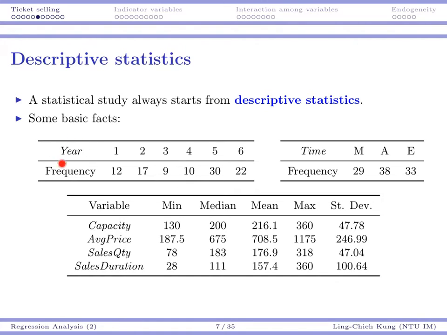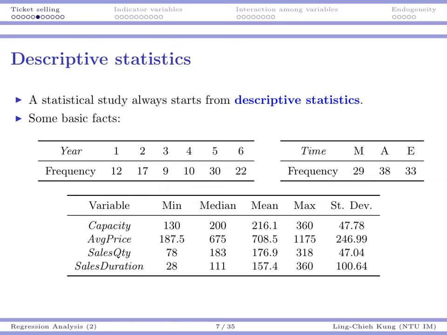For year, we find that we have different numbers of performances in each year in our data set. Ideally, they should be somewhat uniform, or the numbers should not vary too much. It's not perfect, but it seems to be okay.